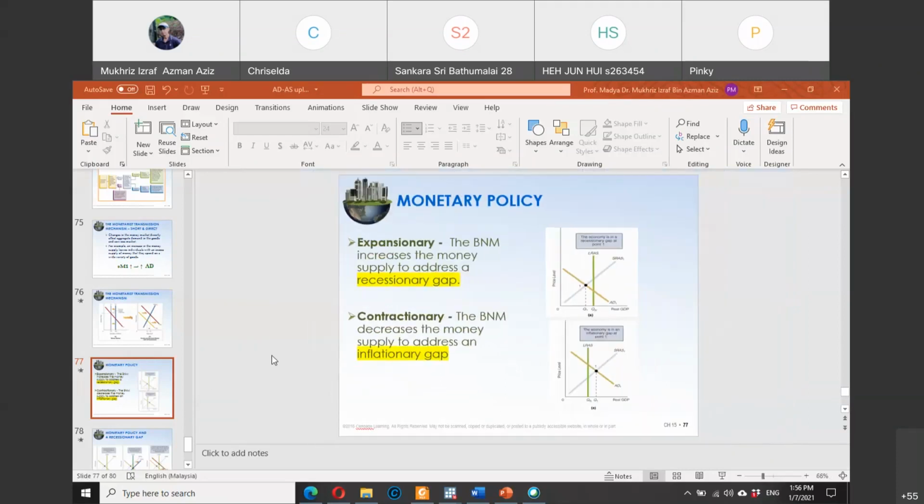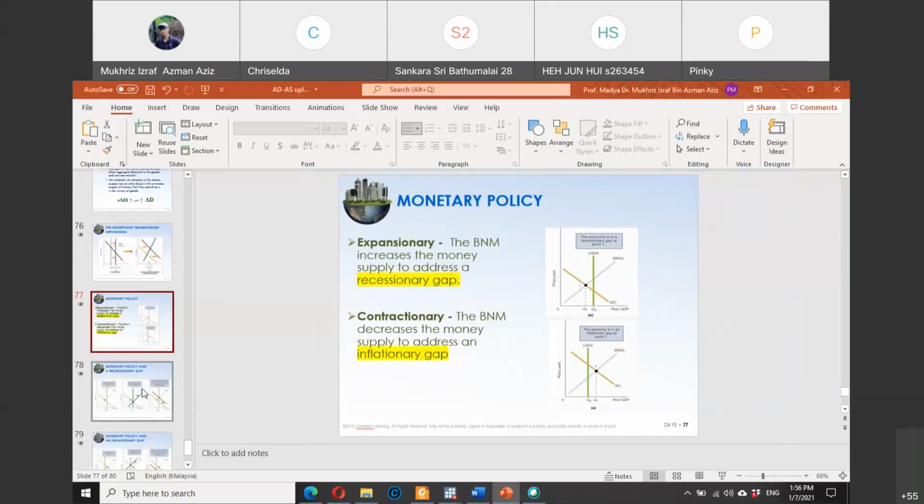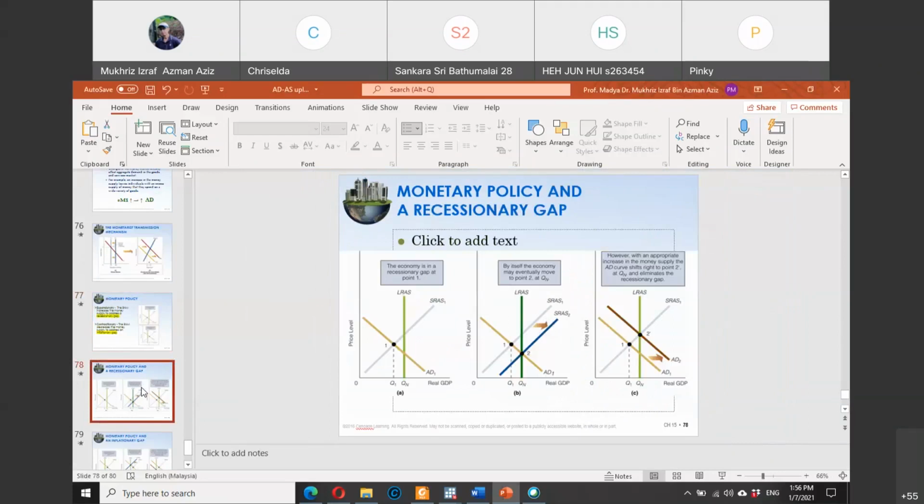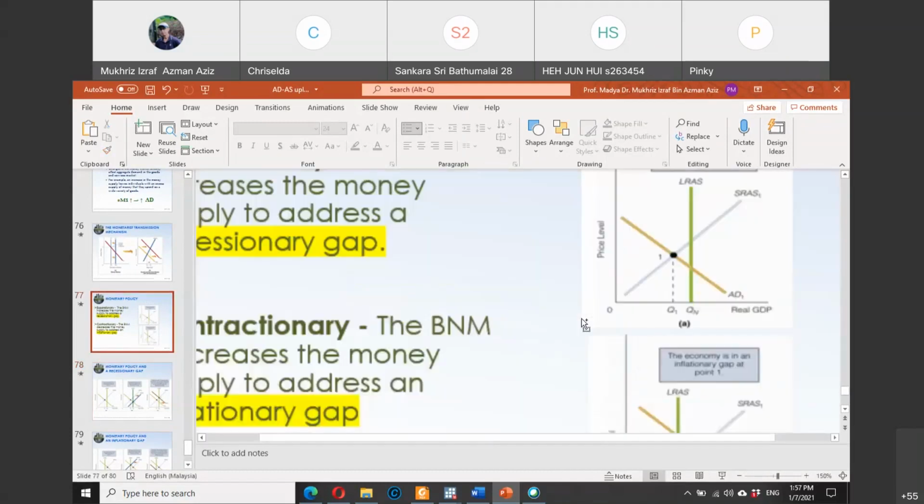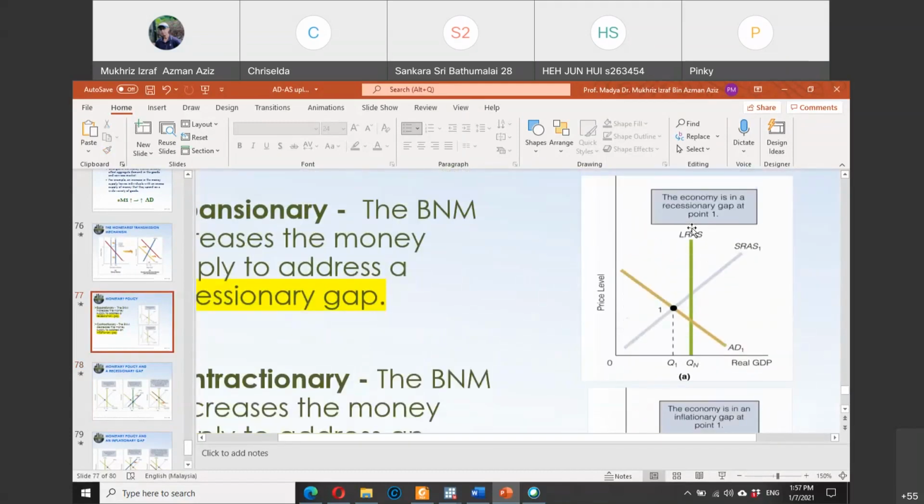So that is what you see from this graph here. So the graph on the top here, when the short run output is lower than the long run output, is what we call recessionary gap.